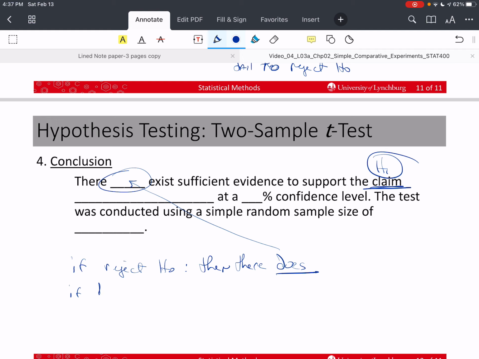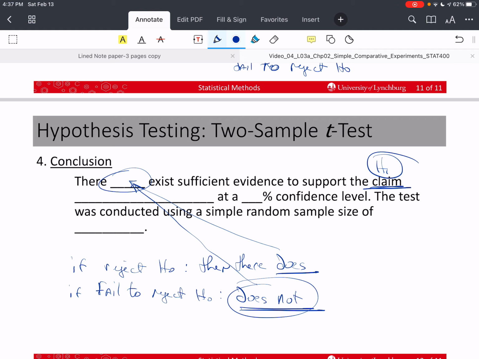If we fail to reject h naught, there does not exist sufficient evidence to support the claim. So we either put does or does not.